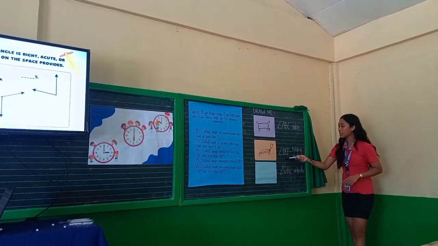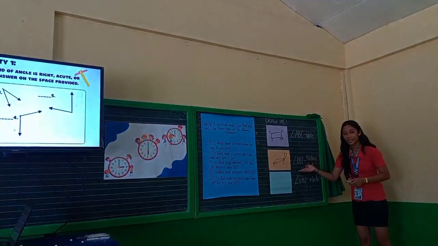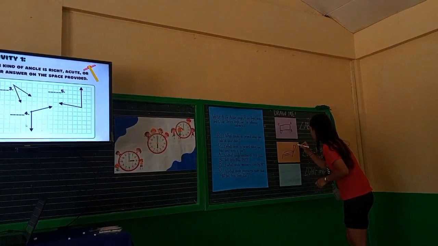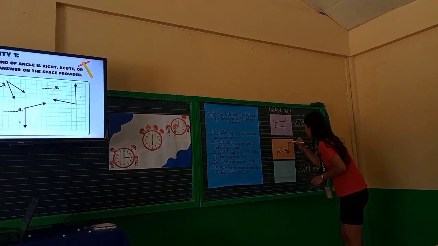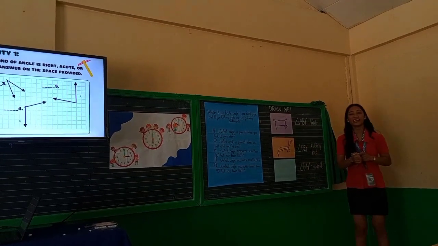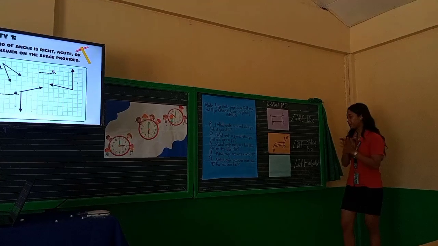So we are going to name it according to the given name, which is angle D, E, and F. Angle D, E, and F. Okay, very good, group 2. Let us give them a round of applause.